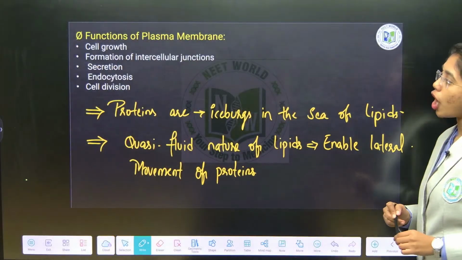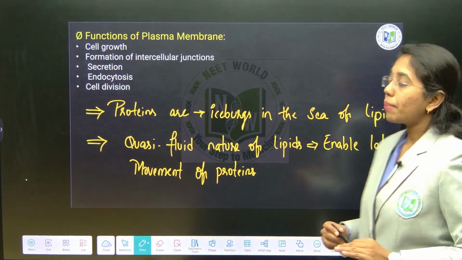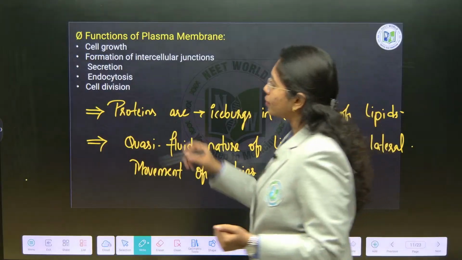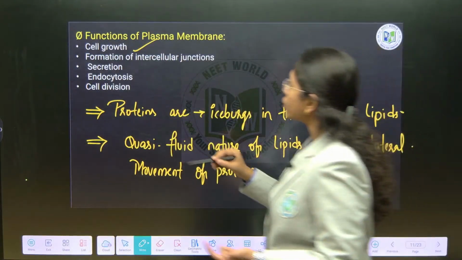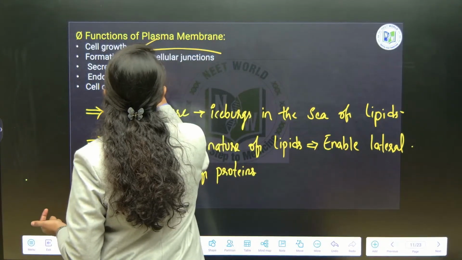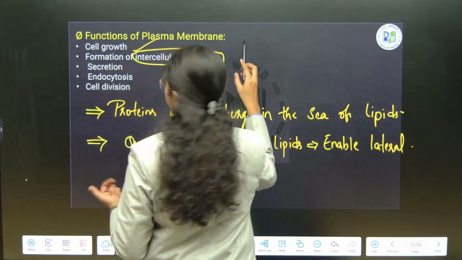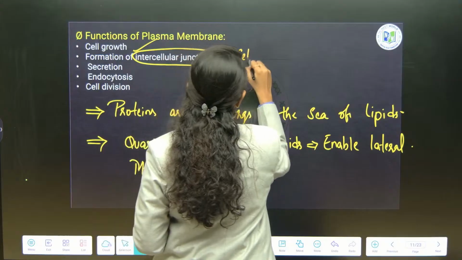About functions of the plasma membrane. If you see, first it is helpful in the cell growth. Next, formation of intercellular junctions, which will help in cell to cell interaction.